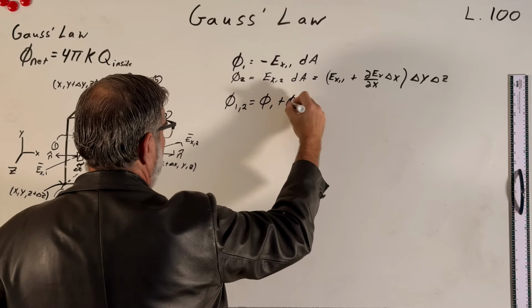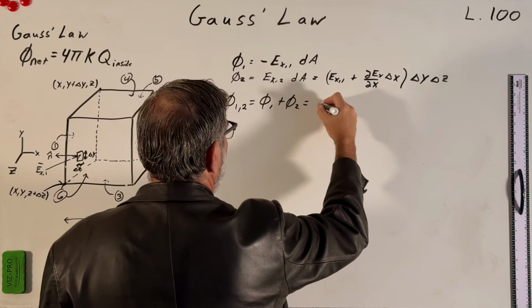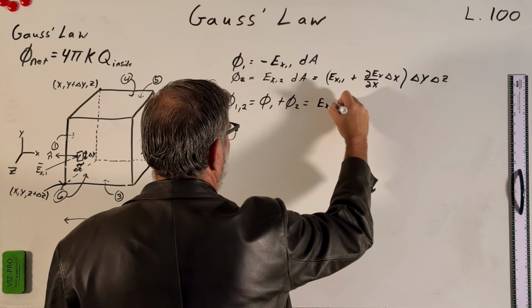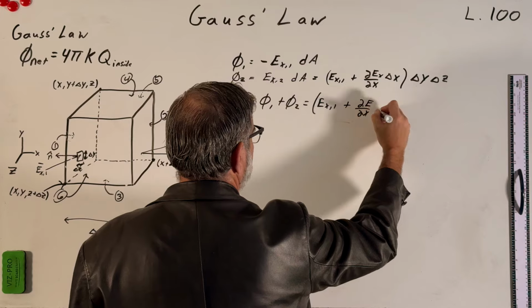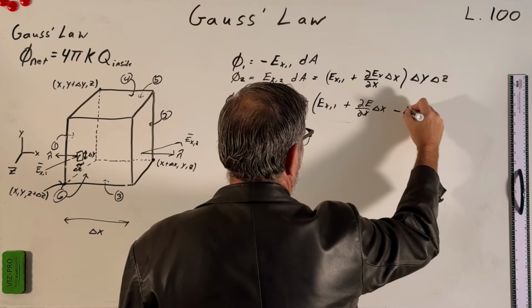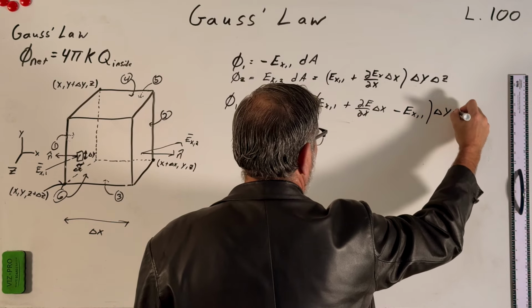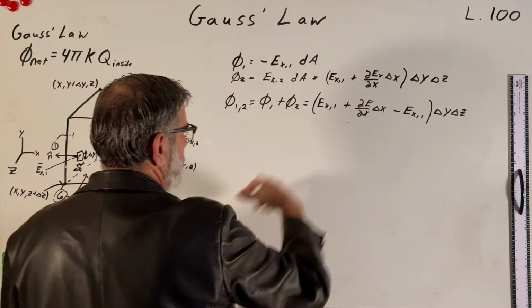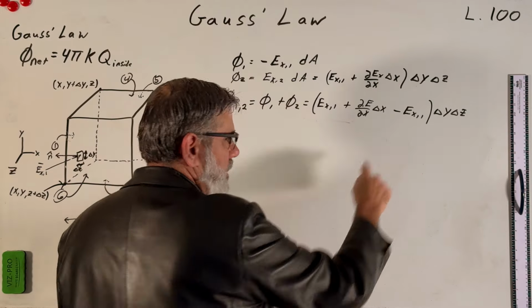right? T1 plus T2. And what's that look like? Well, we're going to add E sub x1 plus dE_x/dx delta x minus E_x1, all times delta y delta z. So you see that this term, E sub x1, is going to cancel this term, E sub x1, yes?